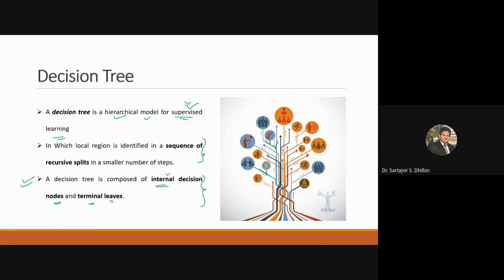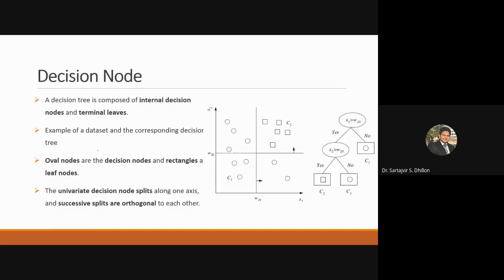Those terms are internal decision nodes, or you can simply name them decision nodes, and the terminal leaf. So these two points are more relevant to the decision tree. Here we have given the example for the decision tree.